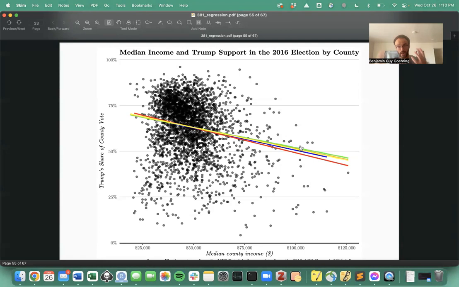So as I do this, I do that for 3,114 times. And then I keep doing that whole process again and again and again. And specifically, imagine I did it 1,000 times. So 1,000 times I pulled out 3,114 counties with replacement. And then for each of those 1,000 times I did that, I calculated my estimate of my regression line.